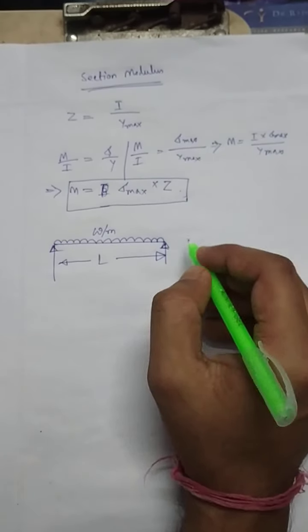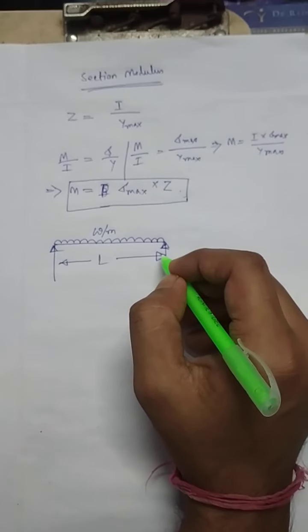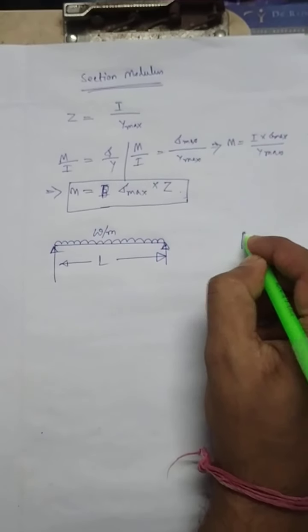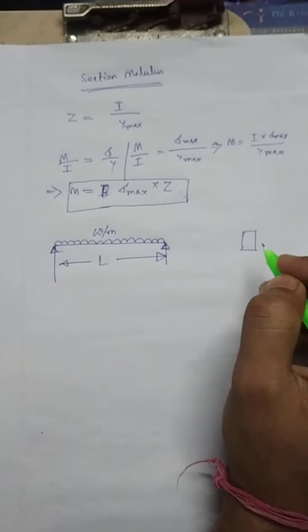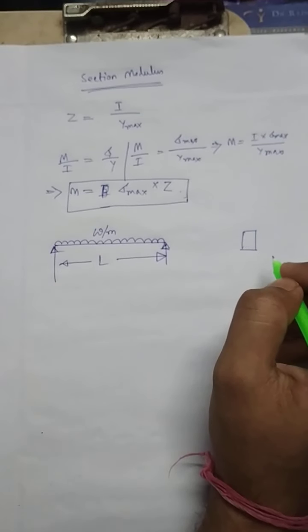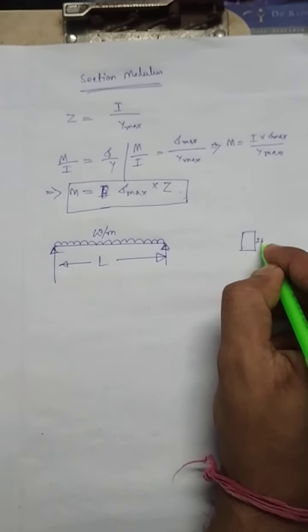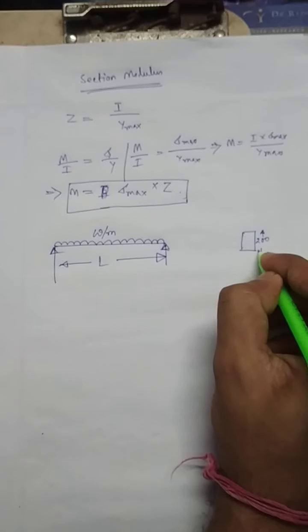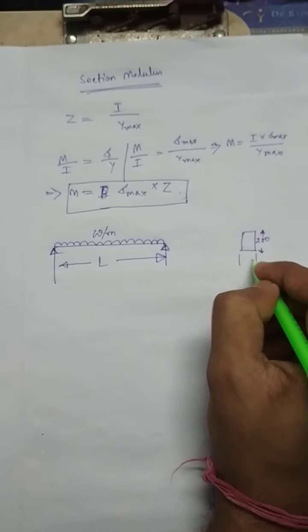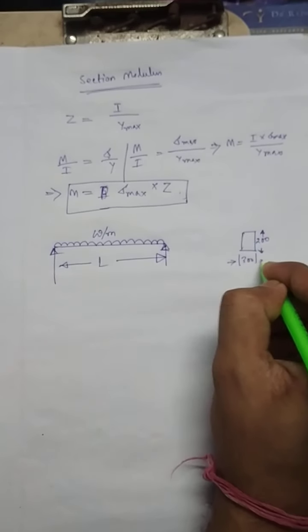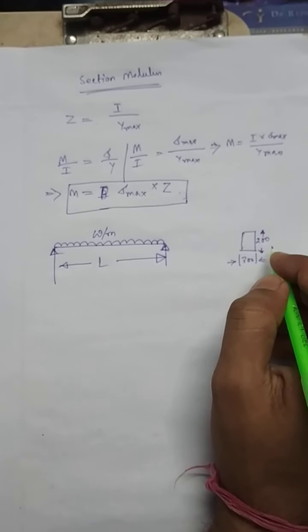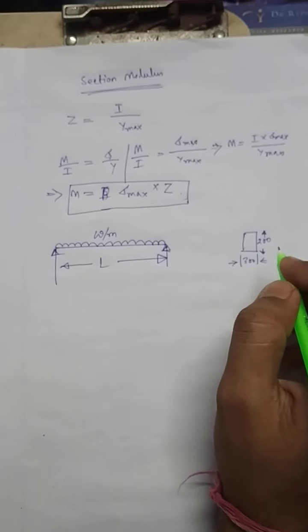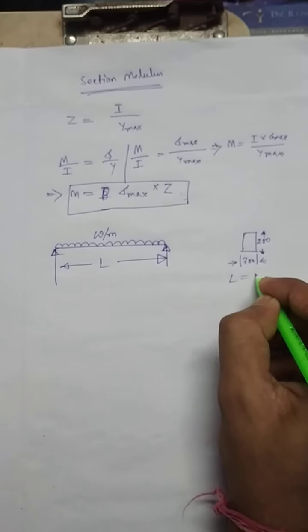The statement is: a rectangular beam, meaning its cross section is like this, 200 mm deep and 300 mm wide. So this is 200 and this is 300. It is simply supported over a span of 8 meters, so L is equal to 8 meter.